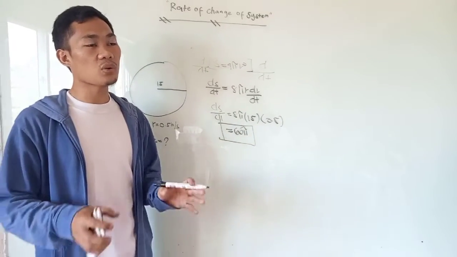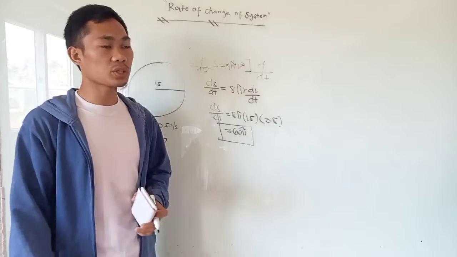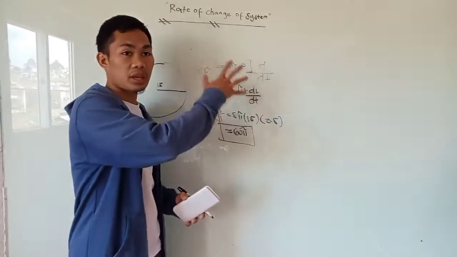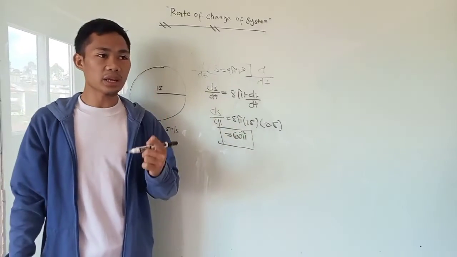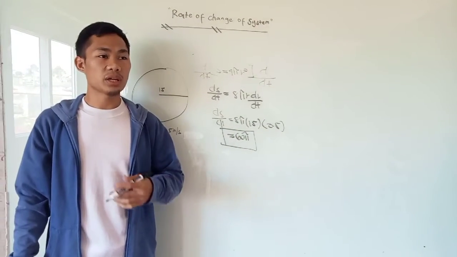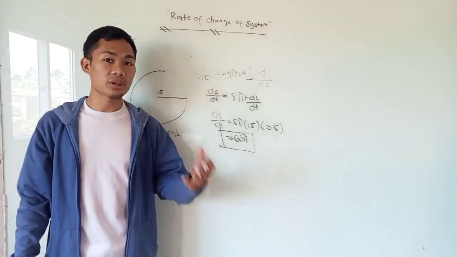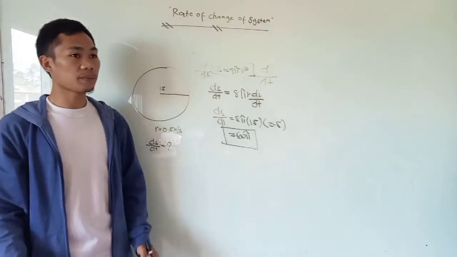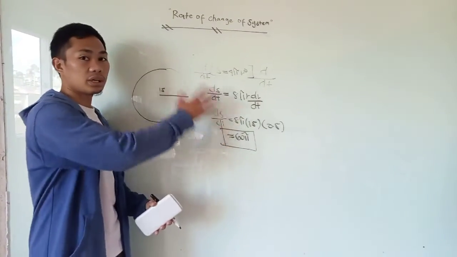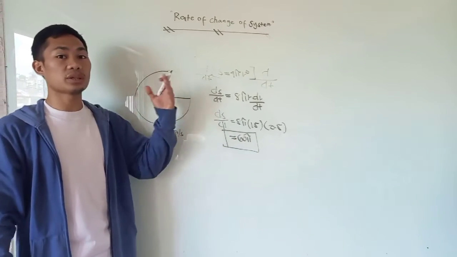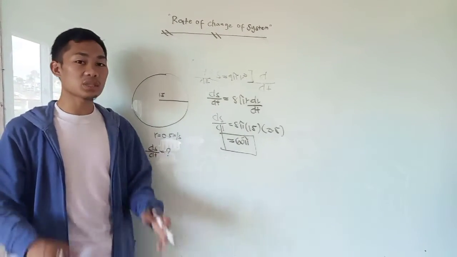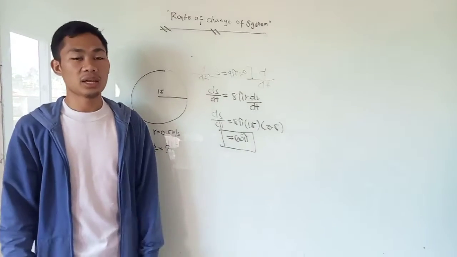So that is how we can apply differential equation for this system. In this system, we already have one rate or one quantity, and we are finding another quantity. Because when one part of the system is changing, there is an effect on the other part. So that is how we can apply differential equation.